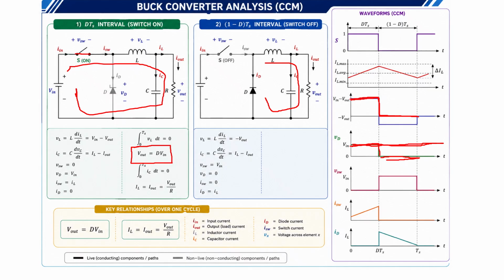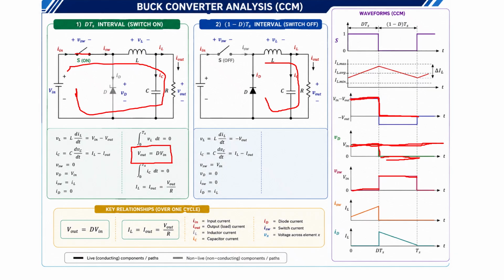Now the switch is short circuited during the turn on condition, so the voltage is 0, and it is open circuited when the switch is in off condition, so a voltage equal to V in appears across the switch.